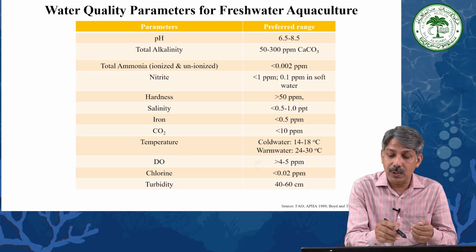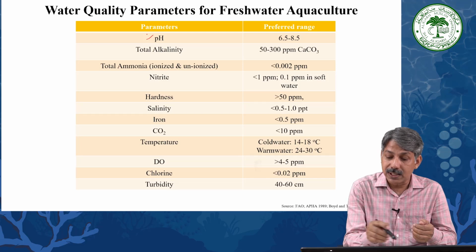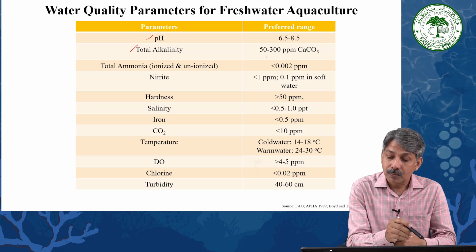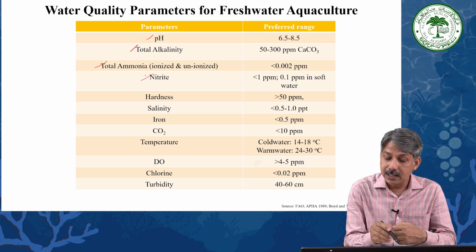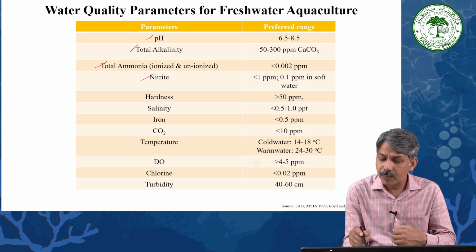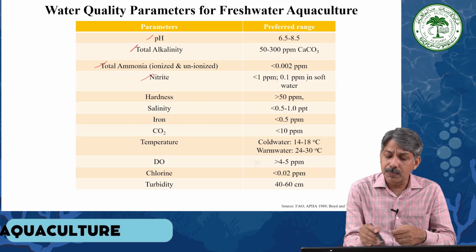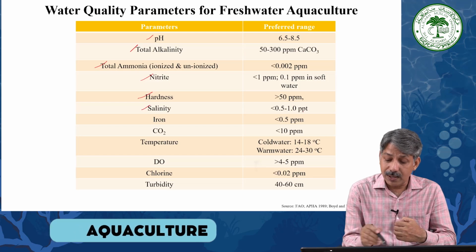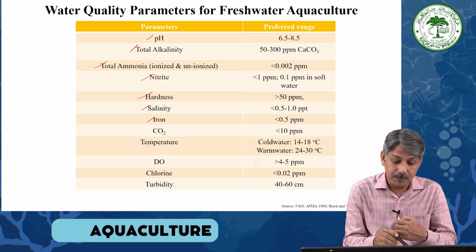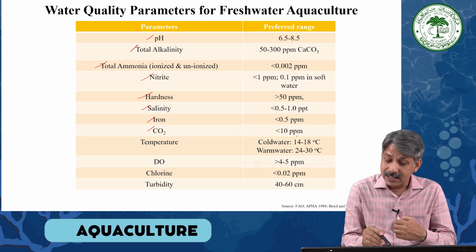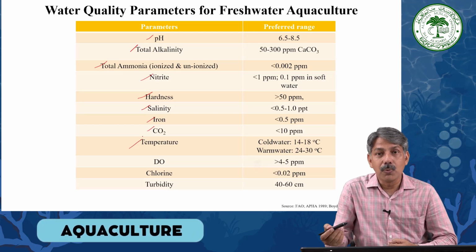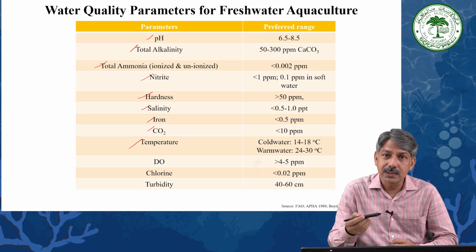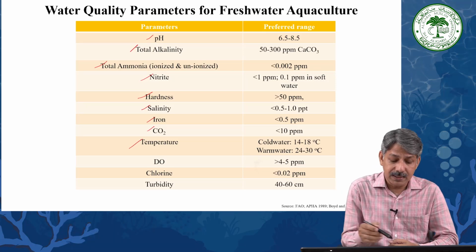system. For example, here in freshwater aquaculture, pH has been said to be between 6.5 to 8.5, total alkalinity 50 to 300 ppm calcium carbonate, total ammonia less than 0.002 ppm, nitrite less than 1 ppm or 0.1 ppm in soft water, hardness more than 50 ppm, salinity less than 0.5 to 1 ppt, iron less than 0.5 ppm, CO2 less than 10 ppm, temperature for cold water and warm water, different temperature conditions, and for different species in different regions, you may get different ranges.